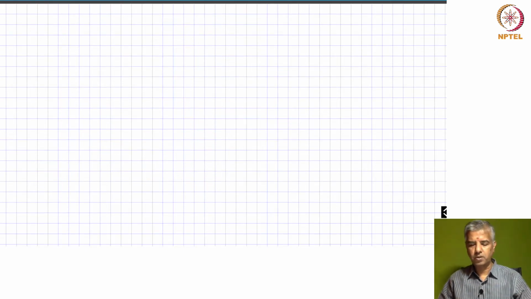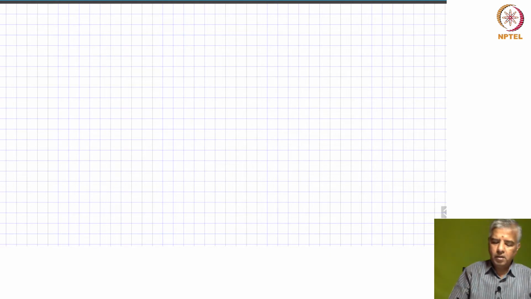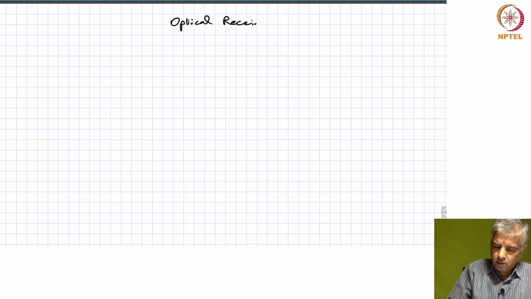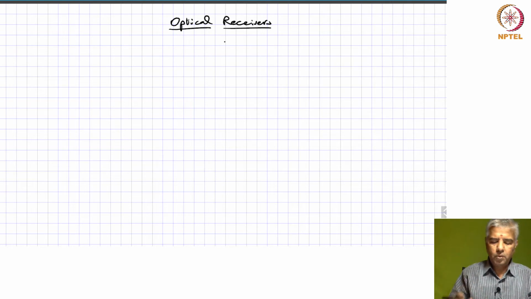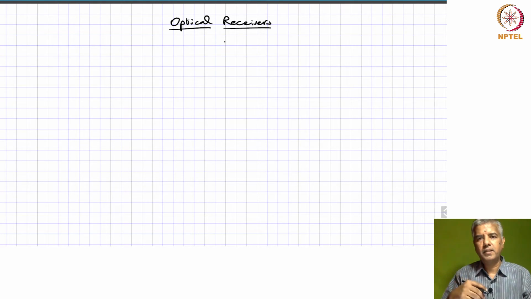the topic of interest for us today, which is optical receivers. What constitutes an optical receiver? Okay, so what do we need to do in an optical receiver? We have a certain amount of light that's incident on the receiver, and then you need to detect that and convert it to a photocurrent, maybe using a semiconductor photodiode typically, and then from that photocurrent you need to extract voltage.